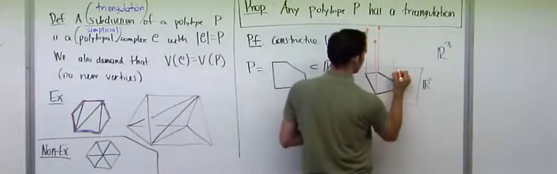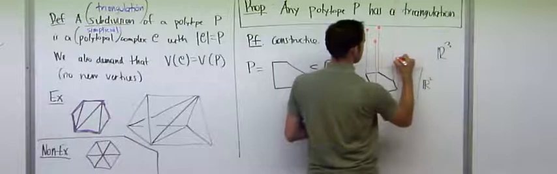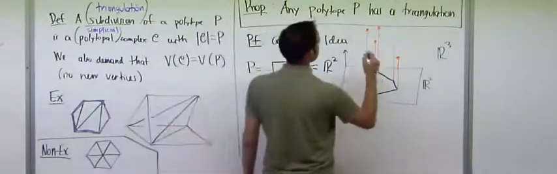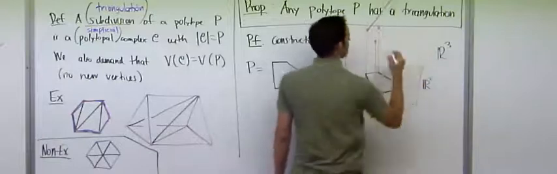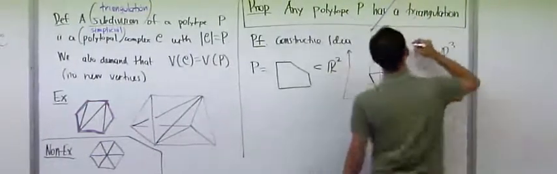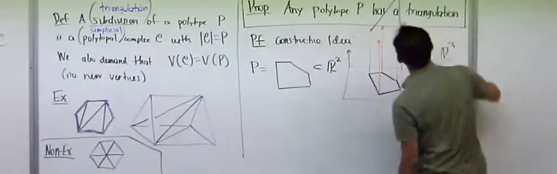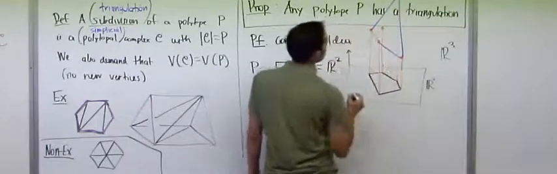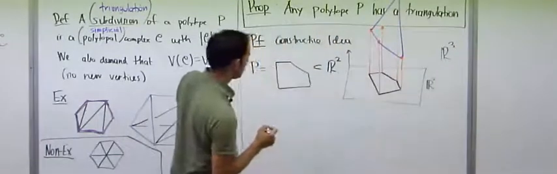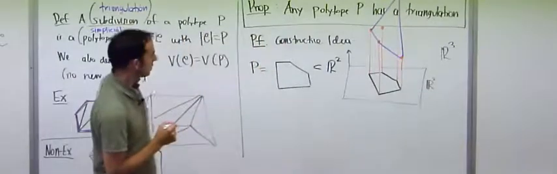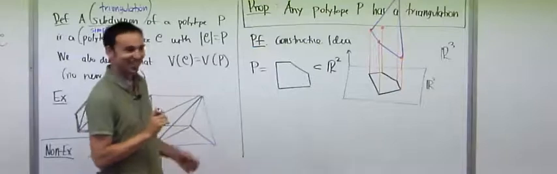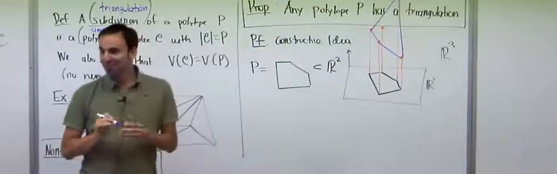So let's move this guy up a little bit more. I think the polytope is going to look like this. No? I'm not done, but I might make a mistake, so please check me.